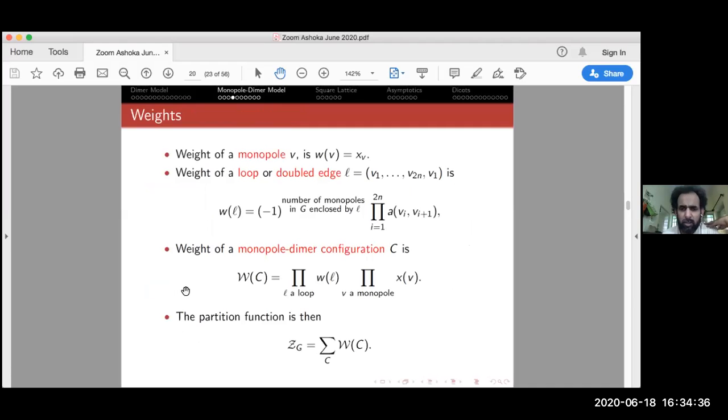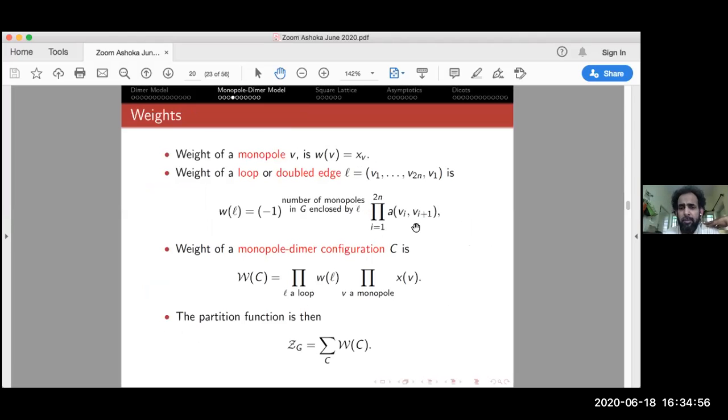So now I have to tell you how to give weights, and this explains the terminology. The weight of a monopole at a vertex V is just x sub V, the vertex weight. For a loop, this is where things differ from Kasteleyn's model.